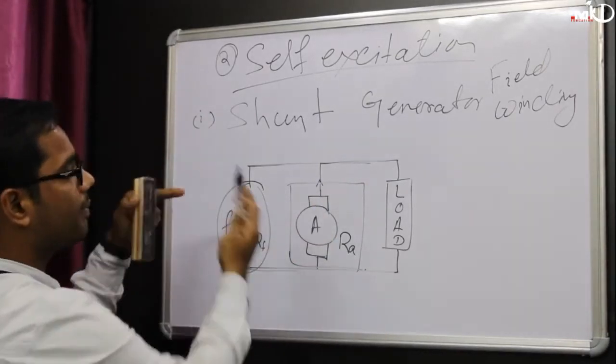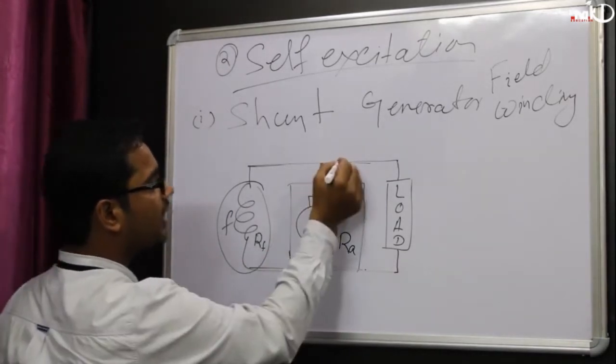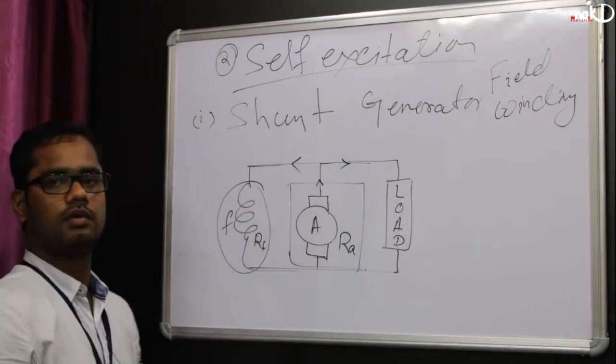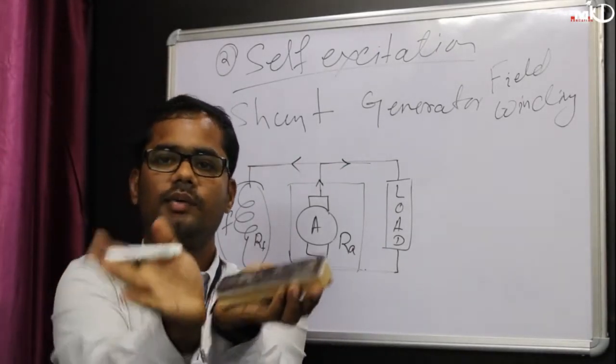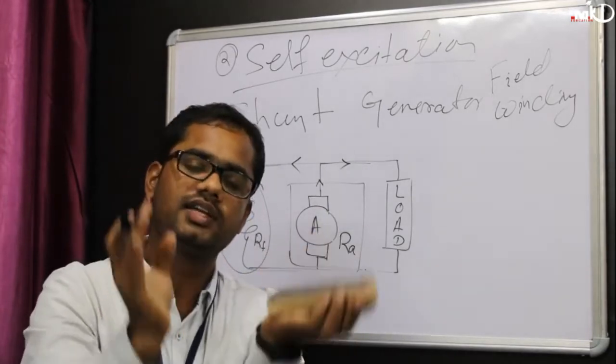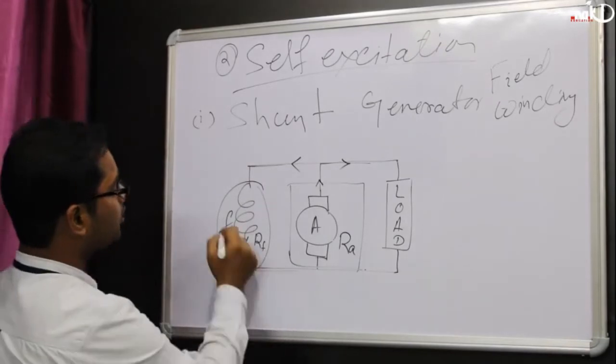It is not looking parallel, but the thing is that whatever the current flowing here, the current is dividing here. Whenever division is there, then only you can say this is a parallel connection, your field.